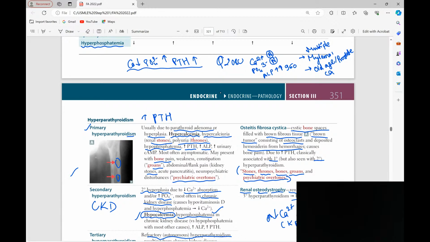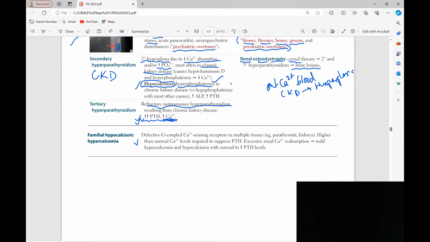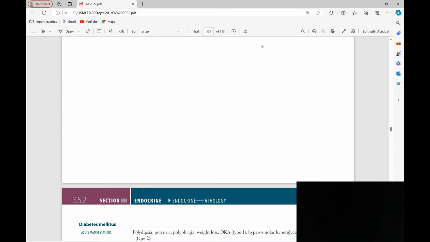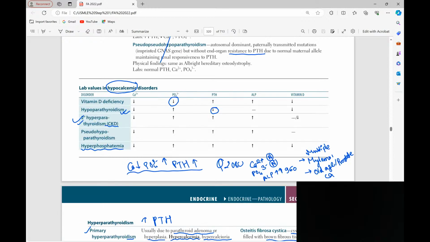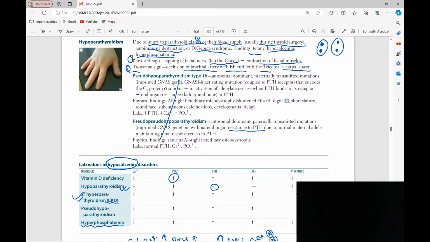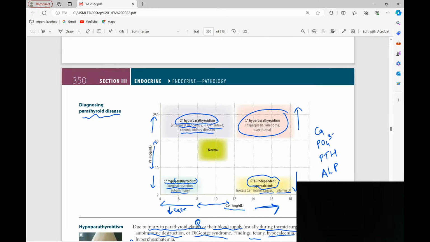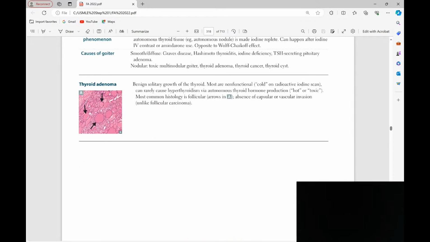So we have completed a very complex pathology of the parathyroid. I hope I could make it simple. Now we'll go with thyroid hormone, and this is one of the emerging conditions.